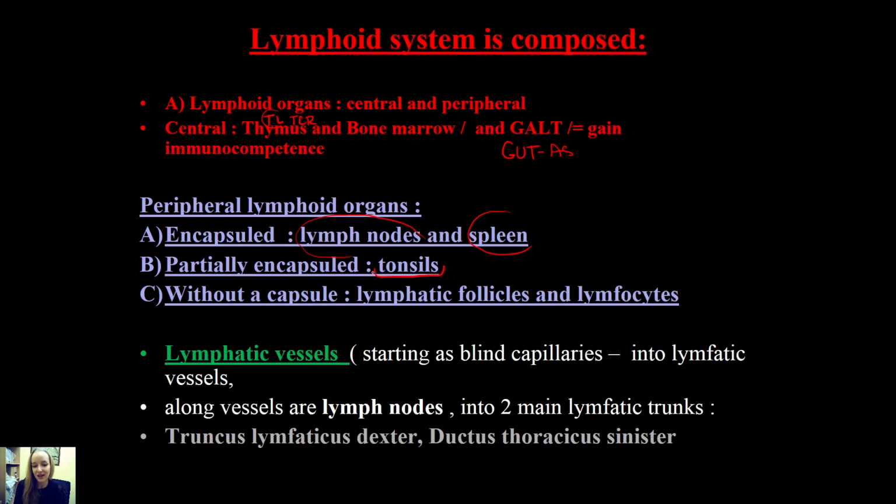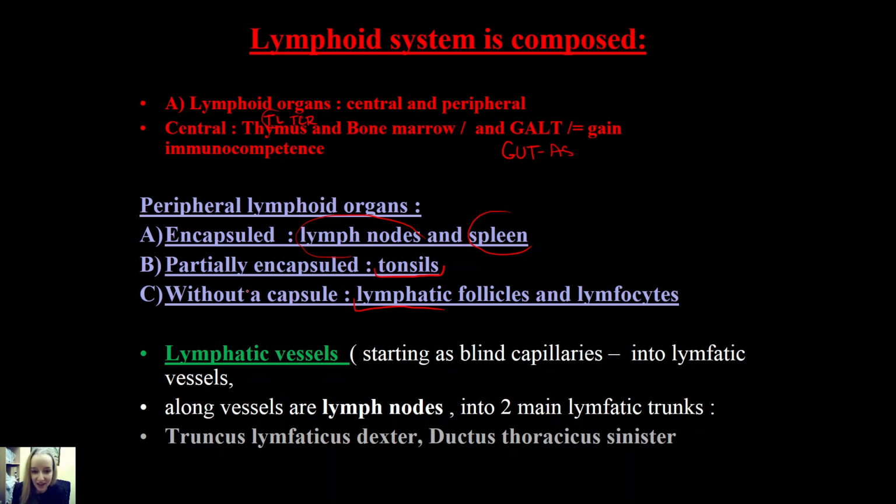And also there can be free lymphatic follicles in the tissue somewhere. These are really small organs, because there is only an accumulation of follicles, so that's just lymphatic tissue in some kind of wall of intestine or in airways. So these lymphoid organs are without capsule.